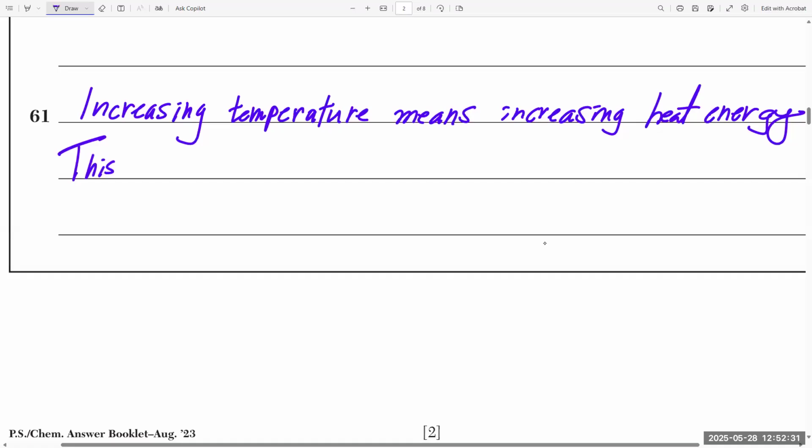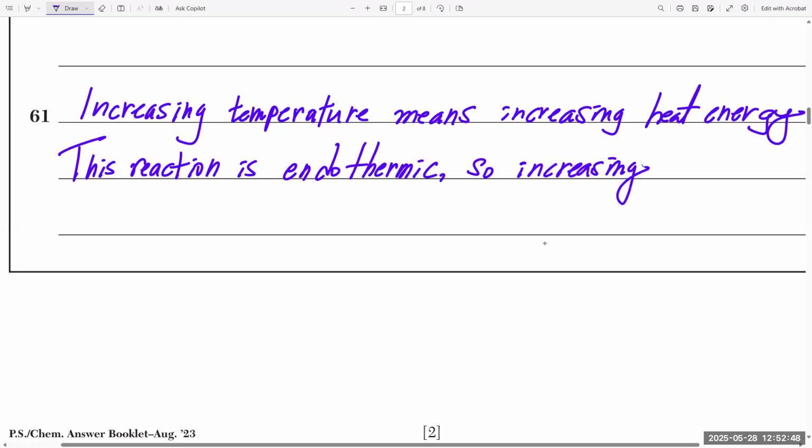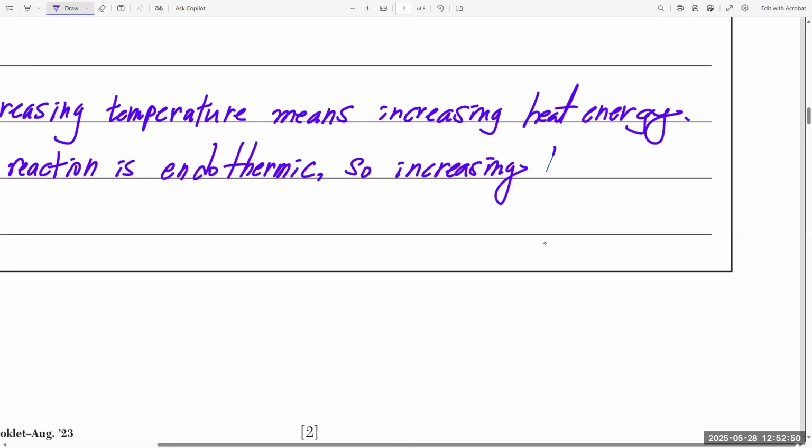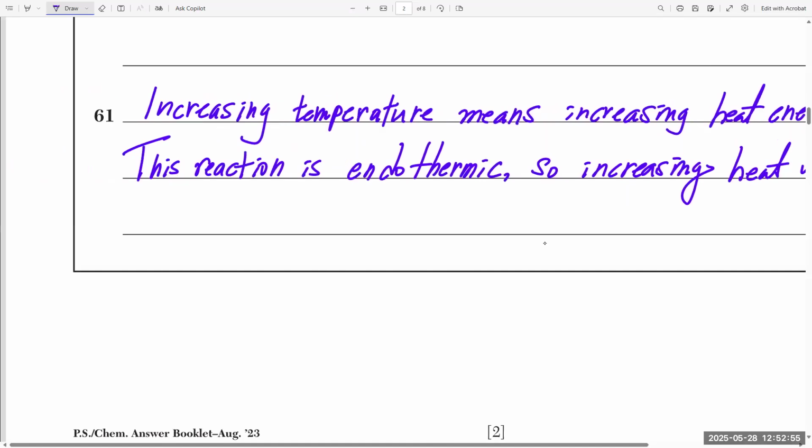This reaction is what? Endothermic, right? So increasing heat will make the reaction go to the product side.